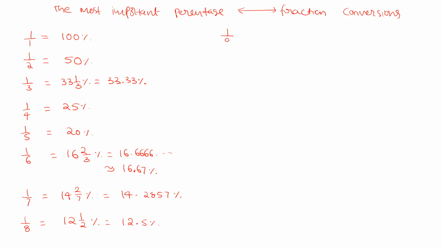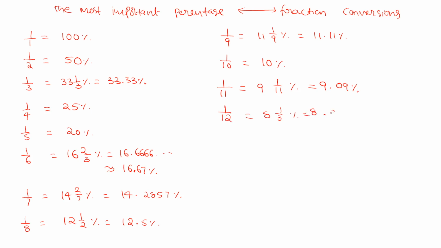If we talk about 1 by 9, that is 11 1 by 9%, or we can take it as 11.11%. If you take 1 by 10, that is 10%. If you take 1 upon 11, that is 9 1 by 11%, or we can take it as 9.09%. 1 by 12, that is 8 1 by 3%, or we can take it as 8.33%. 1 by 13, that is 7 9 by 13%.